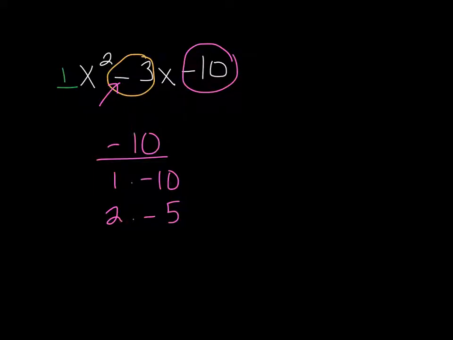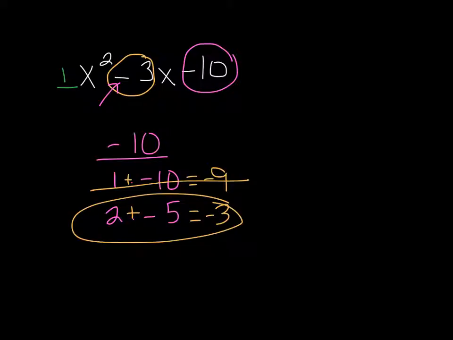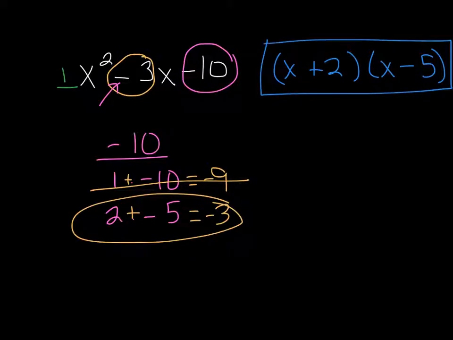And then let's see which one adds to get negative 3. 1 plus negative 10 is negative 9. That doesn't work. 2 plus negative 5 is negative 3. That's the pair we're looking for. So x plus 2 and x minus 5. Now let's FOIL to make sure that's right.